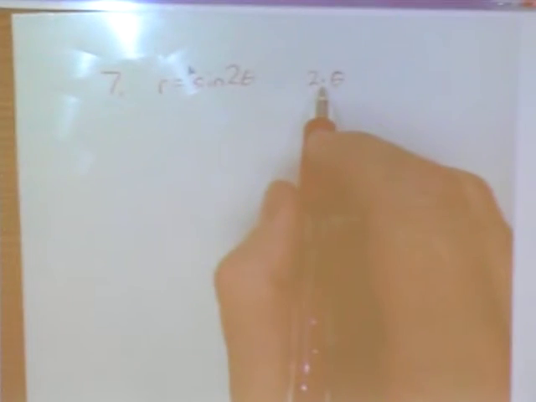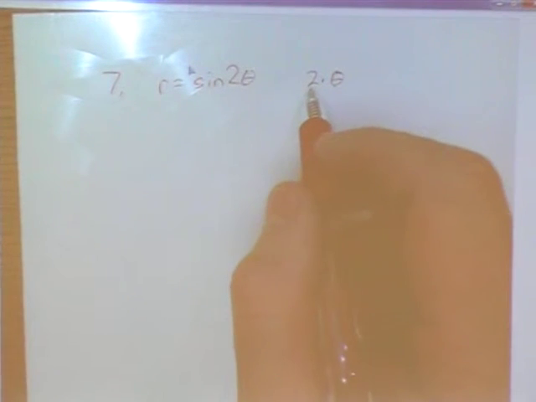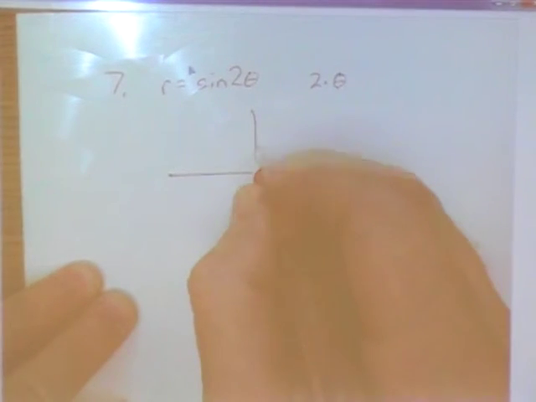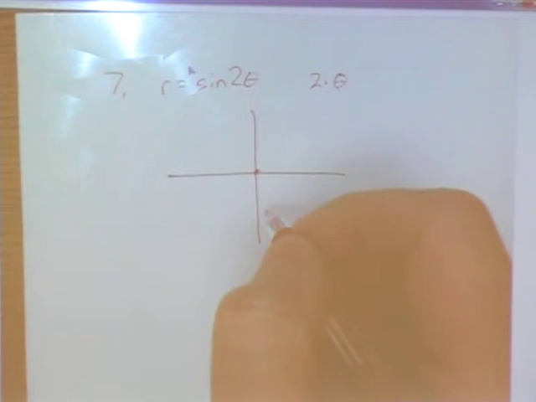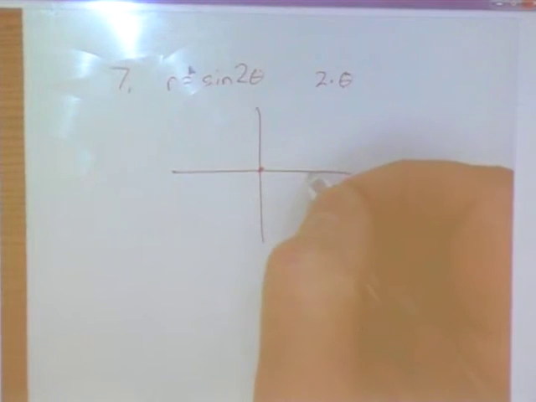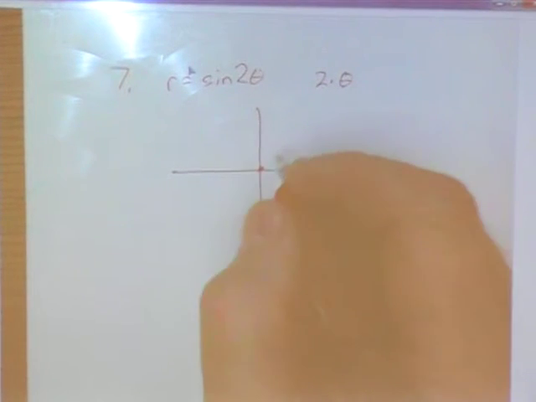Pi over 2, if you look at pi over 2 times 2 is just pi. Many of you did that wrong. The sine at pi, the y value at pi is 0. So at pi over 2, we're back at 0. And when theta is 0, 2 times 0 is 0, we're still here.